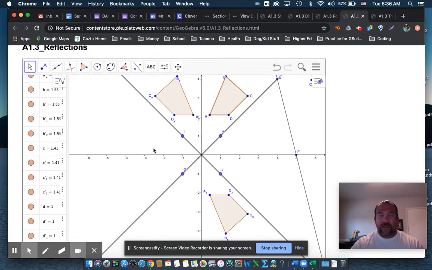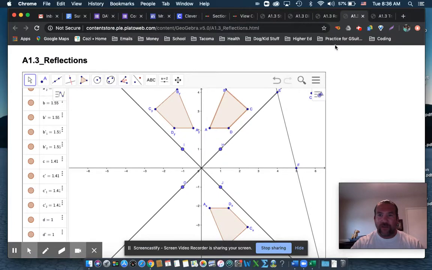That's going to be an activity that you have to do in one of the questions. So that's reflection. You always need a line to reflect over. The four main ones are the y-axis, the x-axis, the line y equals x, and the line y equals -x. Those are going to be the four main rules.